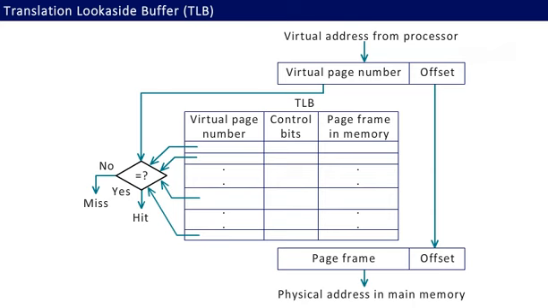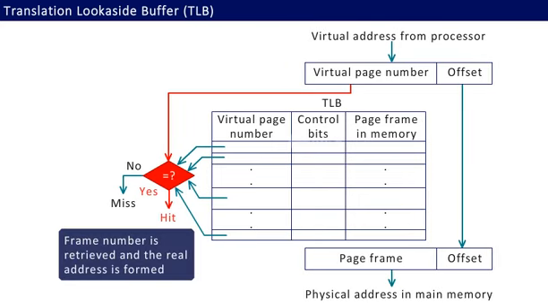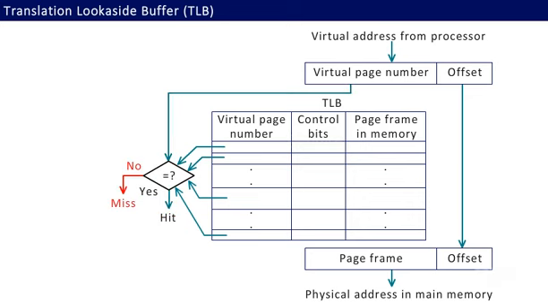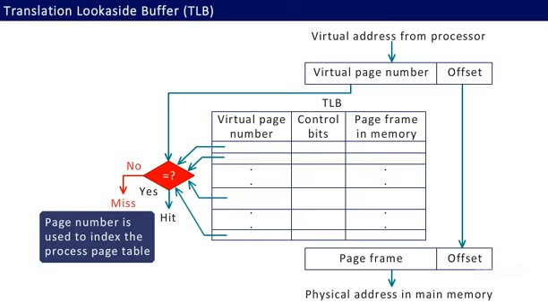The operation of the TLB proceeds as follows. Given a virtual address, the processor examines the TLB to see if a page table entry is present. If it is, the frame number is retrieved and the real address is formed. If a page table entry is not found in the TLB, the page number is used to index the process page table.